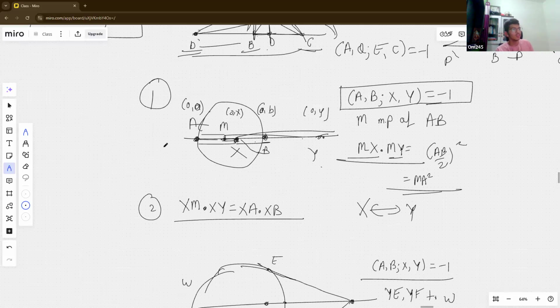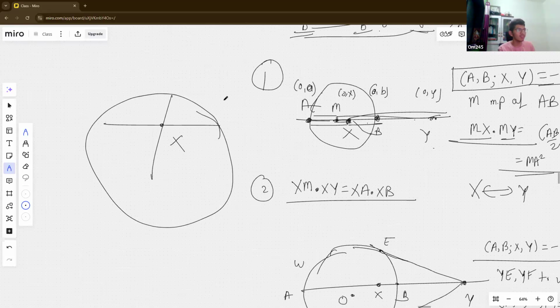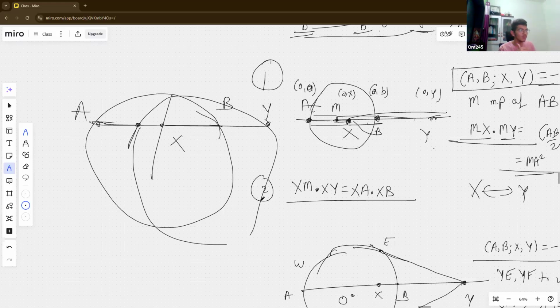Suppose you have some X and you consider some circle passing through B and A, and suppose you have the harmonic conjugate Y of X, then the power of X with respect to this circle is equal to the power with respect to the circle with diameter MY.